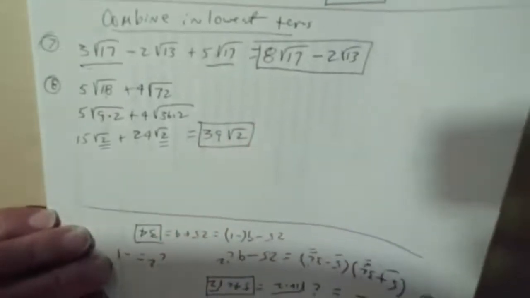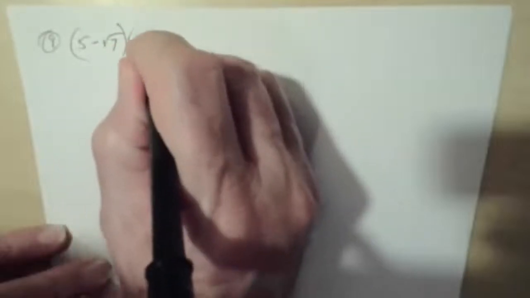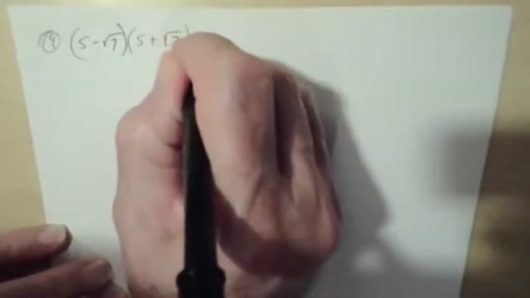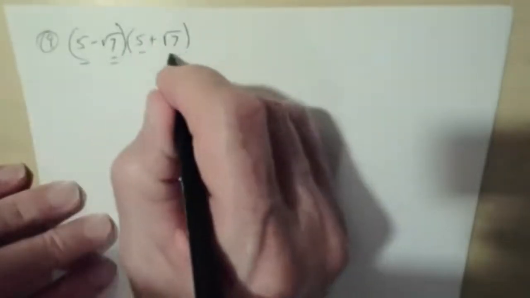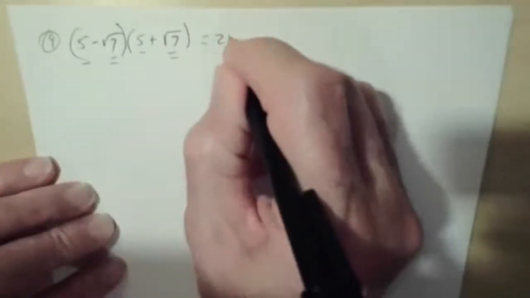Number 9. 5 minus square root 7 times 5 plus square root 7 is a conjugate. So again, all we have to do is multiply the first numbers and multiply the second numbers. 5 times 5 is 25, minus.